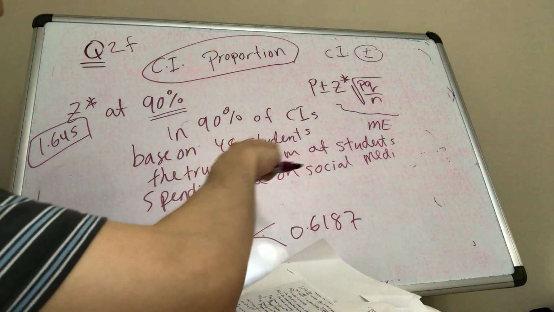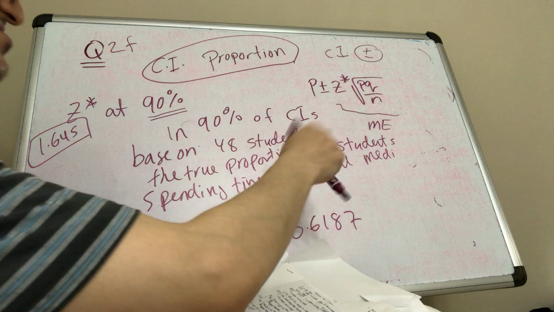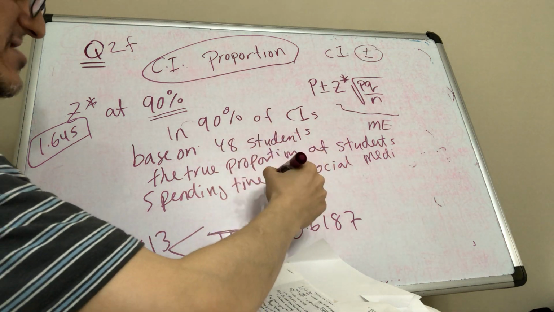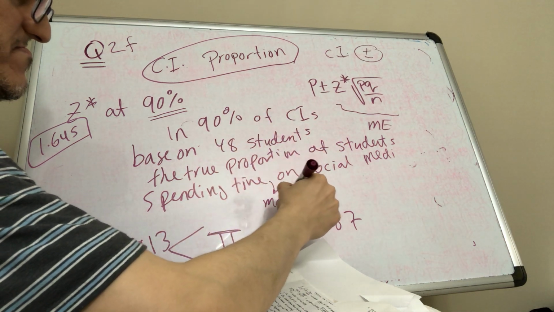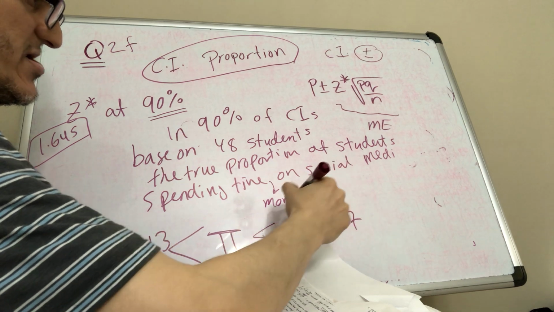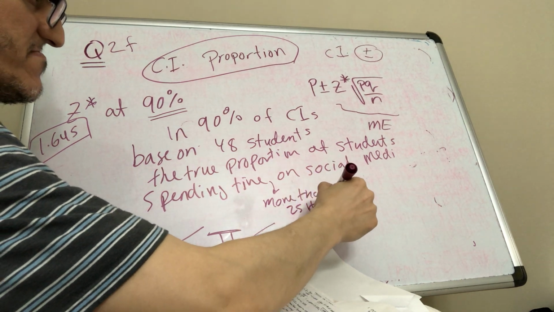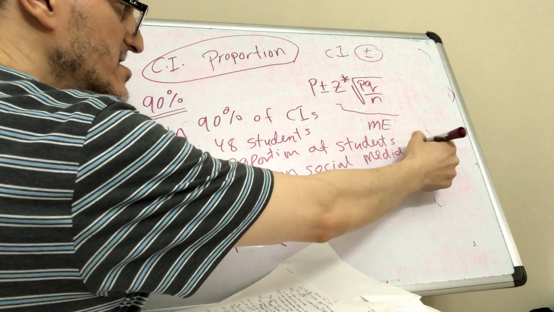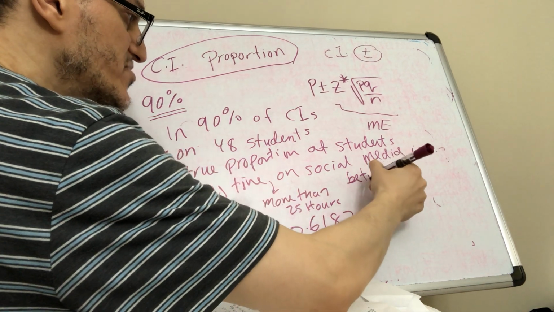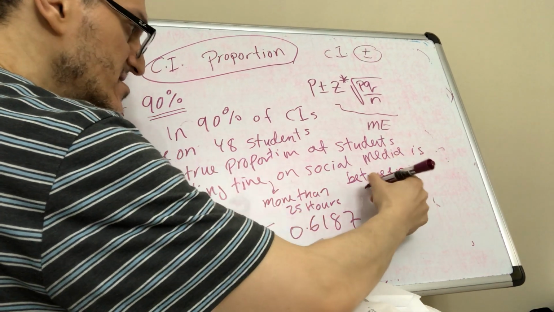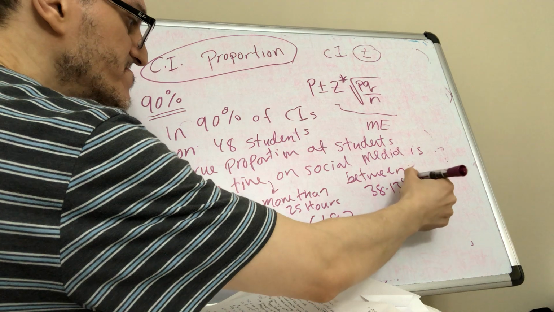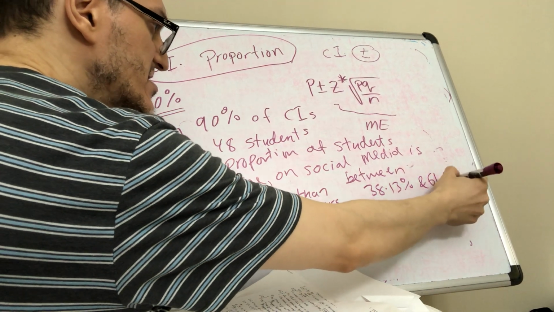Yeah, the true proportion of students spending more than 25 hours on social media is between, and you put the two percentages, 38.13% and 61.87%.